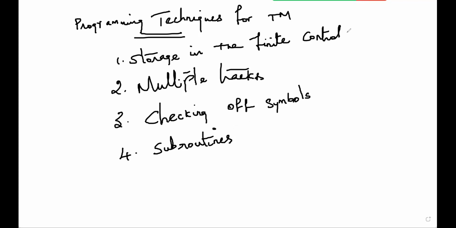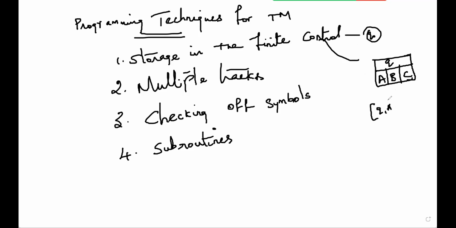So storage in the finite control, usually we store only one state name alone in the state, right? Like this, Q0, Q1 like that. But in this format, we are having a state along with the information. Some Q followed by some input symbols I can store here. Q comma A, Q comma B, Q comma C. In the single state itself, I can represent like this.